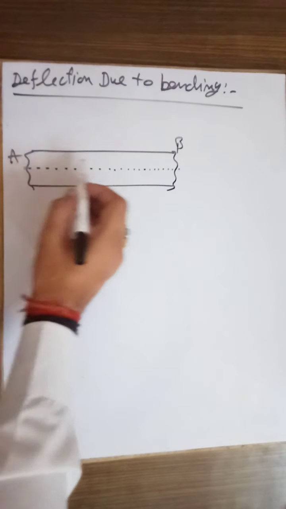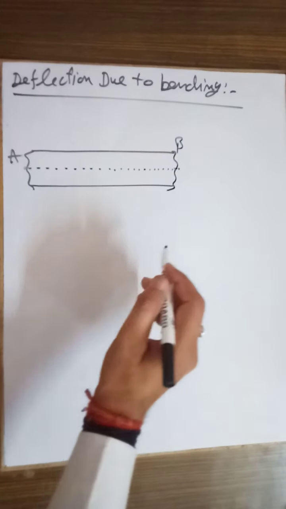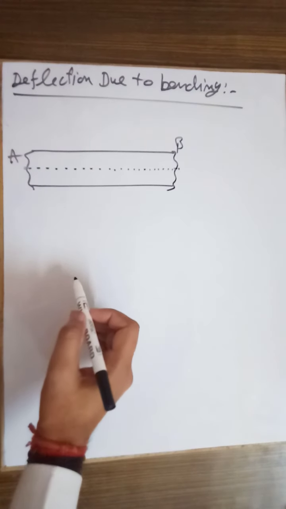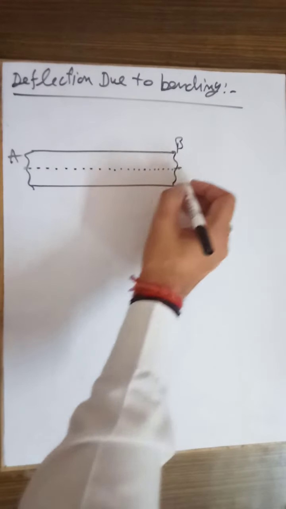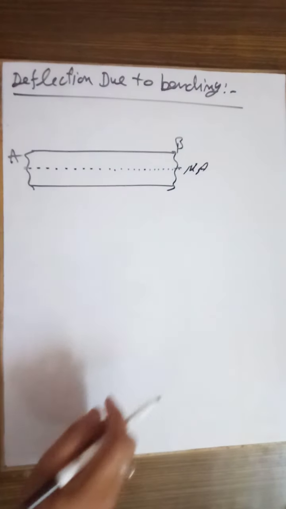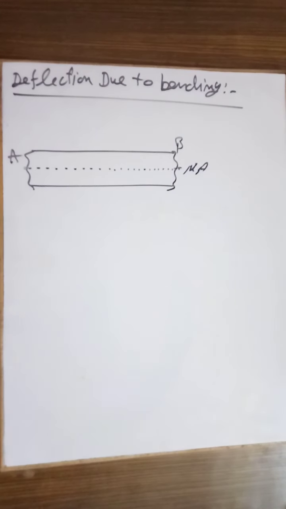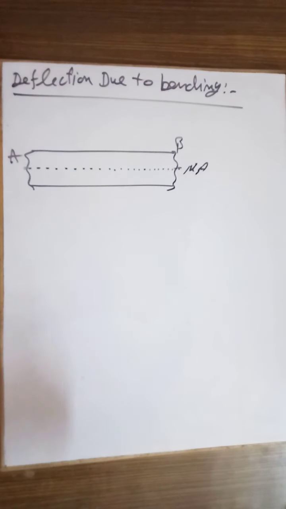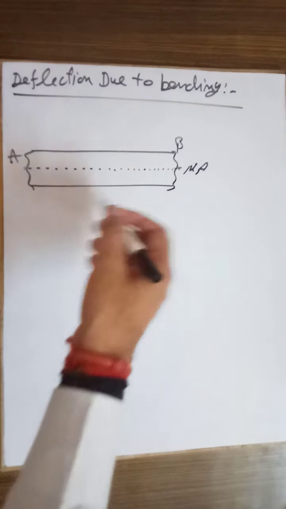That surface is known as the neutral surface, and this particular axis is the neutral axis. Okay, so to understand, if we apply a load on this beam, what will be the change there? It will bend. Let's consider a part of this beam.